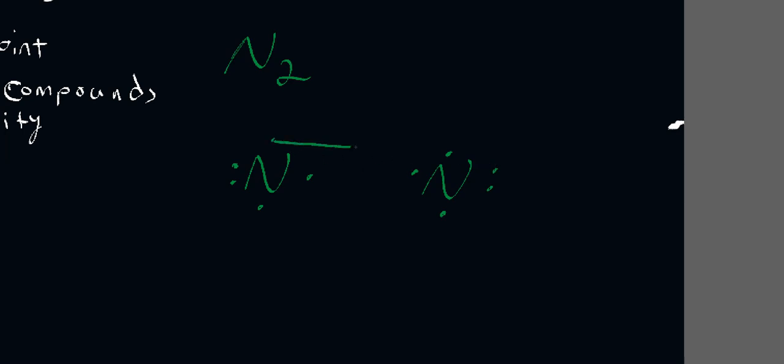So what you'll see is these 2 nitrogen atoms are going to form 3 bonds between them. This is what we call a triple bond. Now if you count them up, the electrons they each have access to, it comes to 8. And a triple bond is the most number of bonds you can have between 2 different atoms.